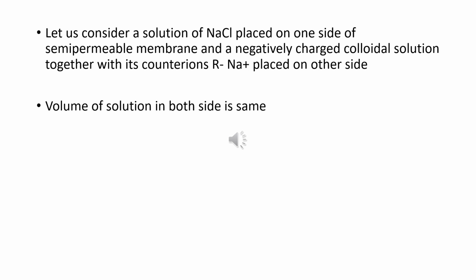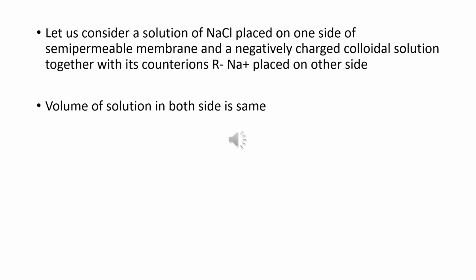Because R minus is trapped on one side of the membrane, ions will distribute themselves unequally to maintain both electroneutrality and the equilibrium condition.